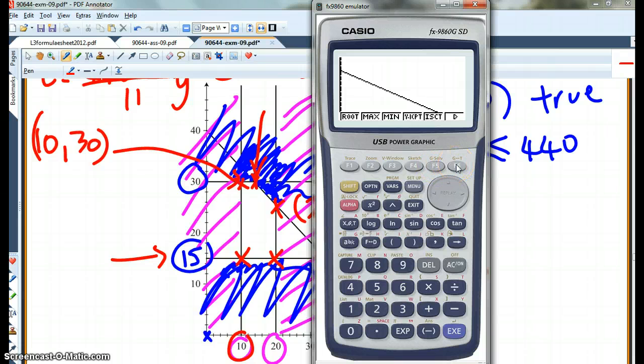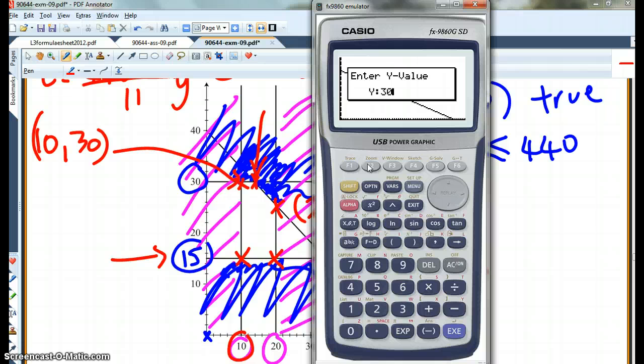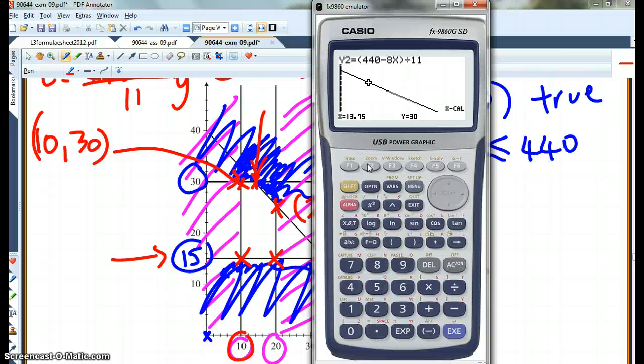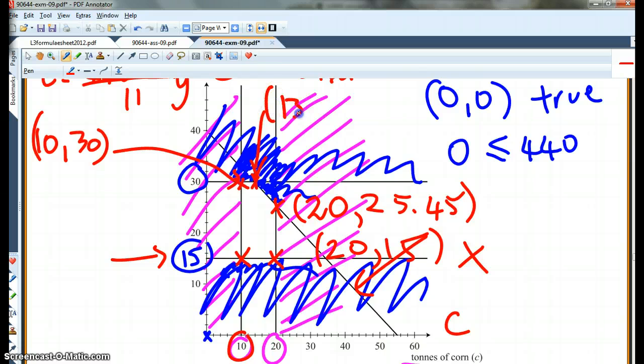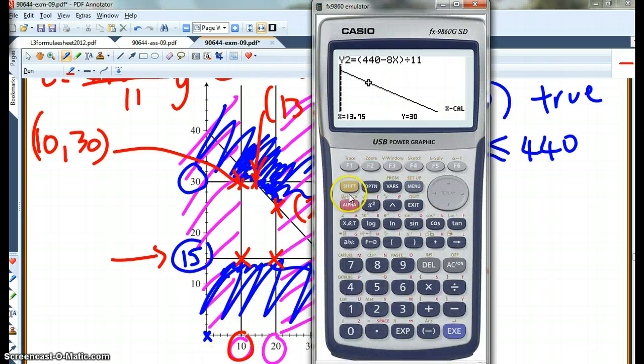What about go exit and go to... Yep, I can trace, but the other thing I can do is I've got my y value is 30, so I can do an x calc and say my y value is 30. Yeah, that's all right. And so we've got x is 13.75. So 13.75, 30.